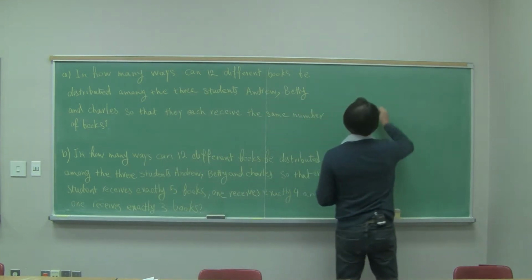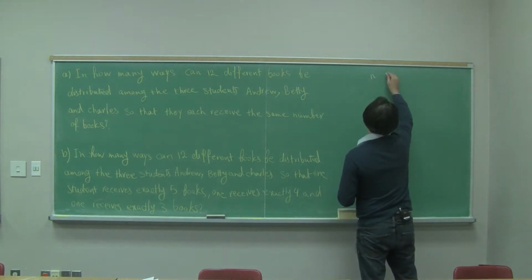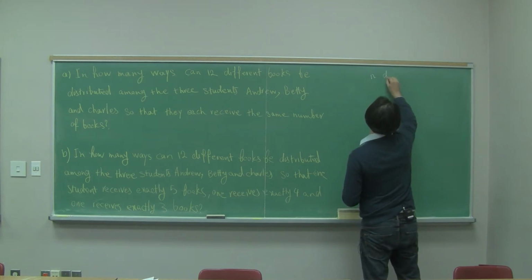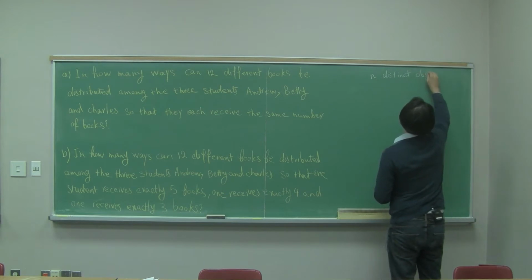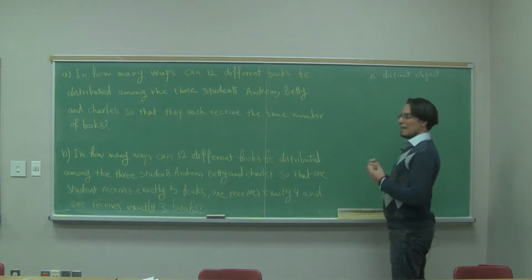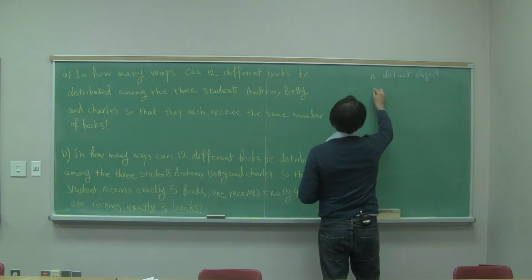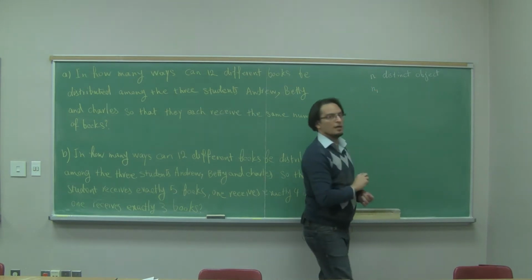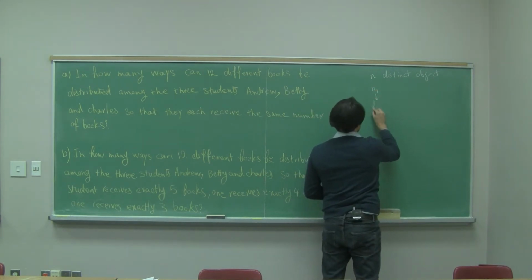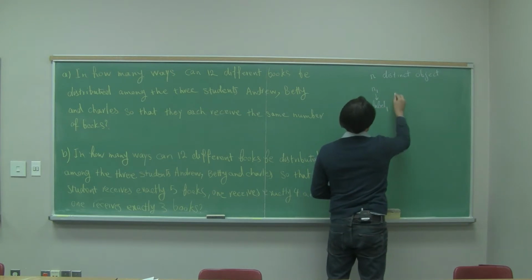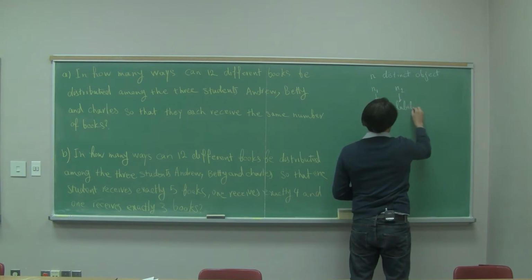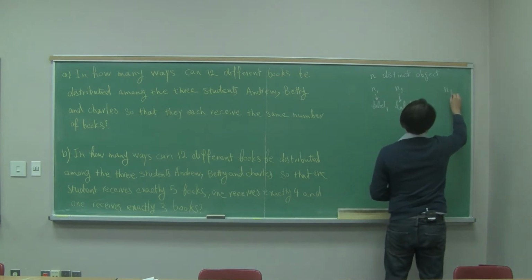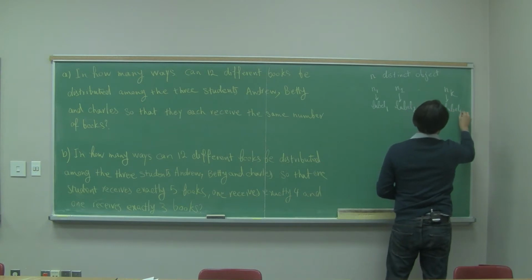When we have n distinct objects, and we have k labels, and we want to label these objects such that n1 of the objects receive label 1, and n2 of the objects receive label 2, and nk receive label k.